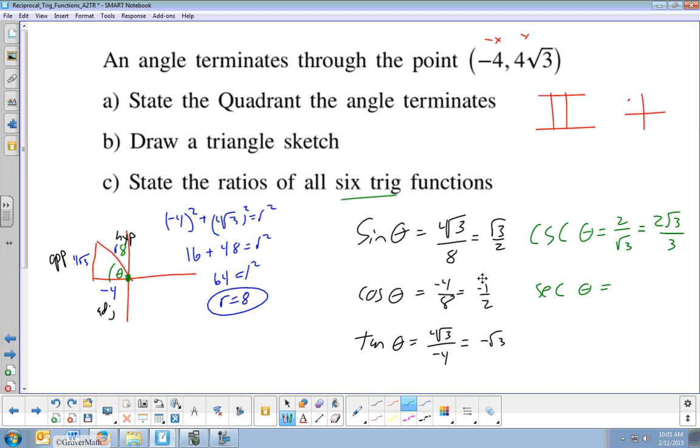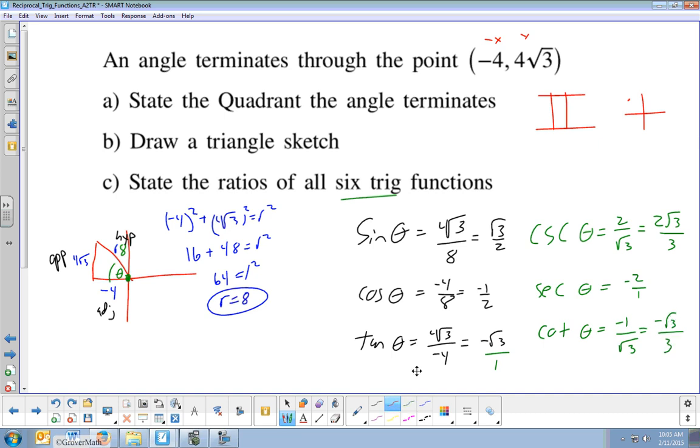So the reciprocal of -1 over 2 is -2 over 1. Over 1 is optional, so I could just write it as -2. And the reciprocal of tangent is cotangent theta. And the reciprocal of negative √3, again, this is kind of like negative √3 over 1, would be -1 over √3, which is going to rationalize to be negative √3 over 3.